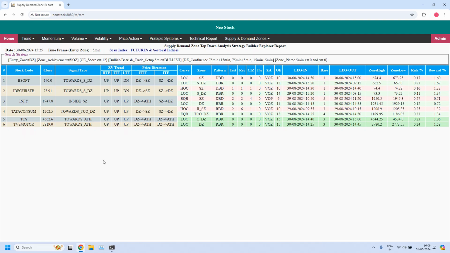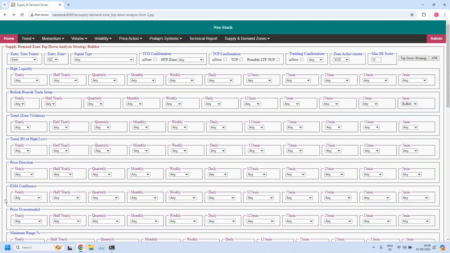So what we can do, let's verify whether any of these 75 minute HTF zones are having daily EMA confluence. In the EMA confluence, the 75 minutes time frame, I am selecting demand zone having daily EMA confluence. The 75 minutes demand zone with daily EMA confluence.